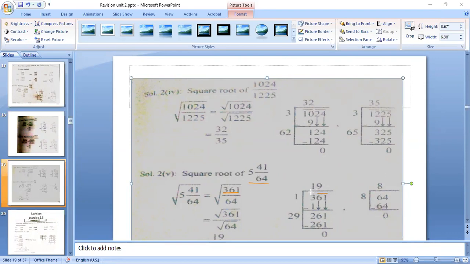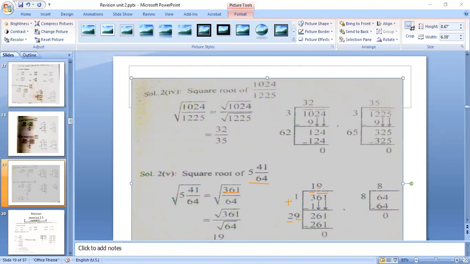Now we pair them. ये pair कर दिए. 1 times 1 आ जाएगा. 2 से नहीं कर सकते, 4 हो जाता है. Now we add 1 in it. When we add 1 in it, what we get? We get this 2. Now we write 9 with this 2 and 9 in the quotient. It becomes 19.